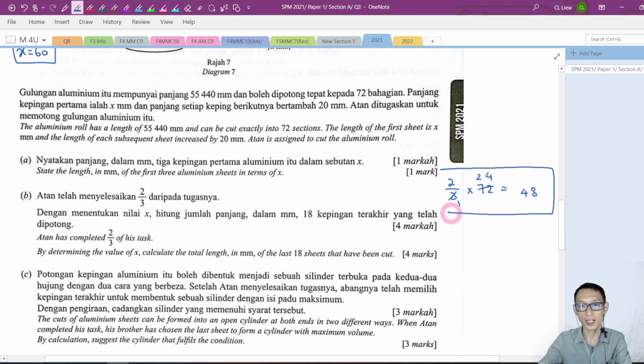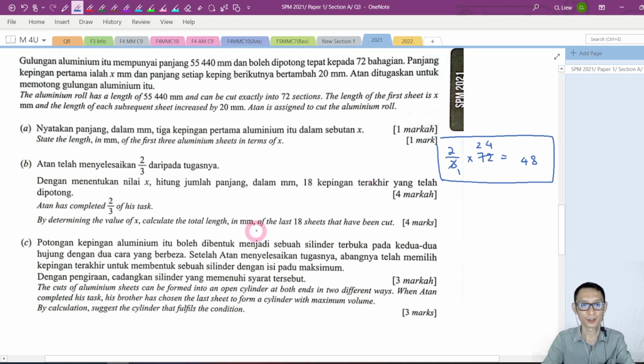Okay, it means that Atan already cut 48 pieces. And this one: calculate the total length in millimeters of the last 18 sheets that have been cut.